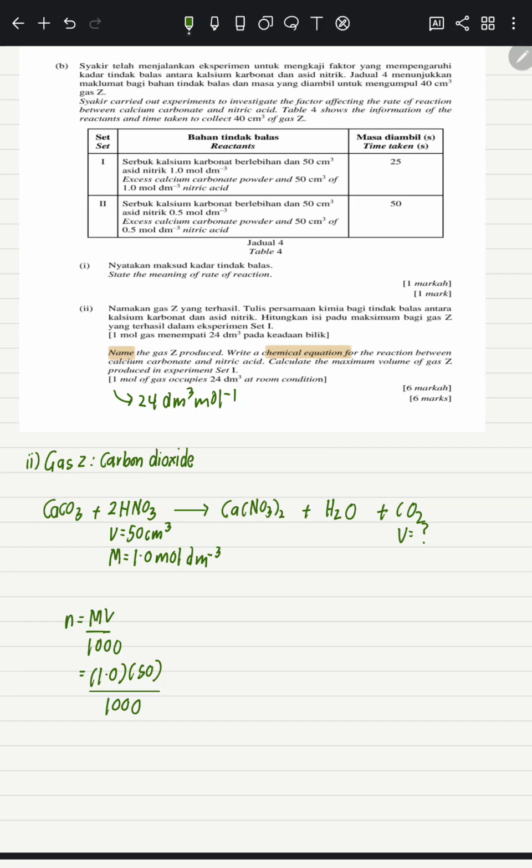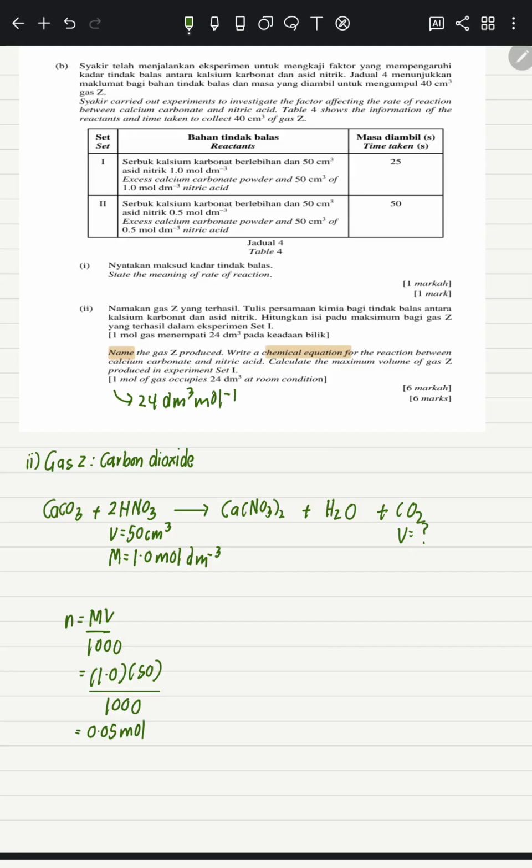Because I always say the units must be the same, but this one is cm³ and this one is dm³. So I'm changing the cm³ to dm³ so that it can be solved. So 1 times 50 divided by 1000, you will end up getting 0.05 mole. So this is your mole.